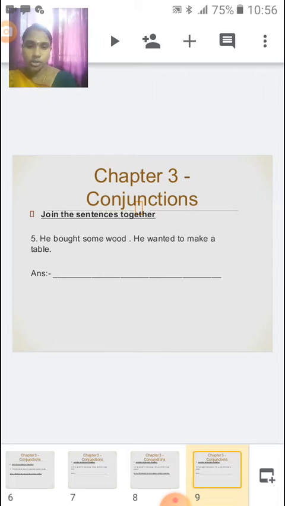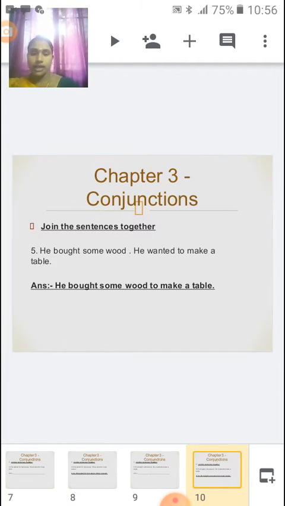What does he need to make a table? He needs wood to make the table. So how will you join these sentences? He bought some wood to make a table. The answer is given here.